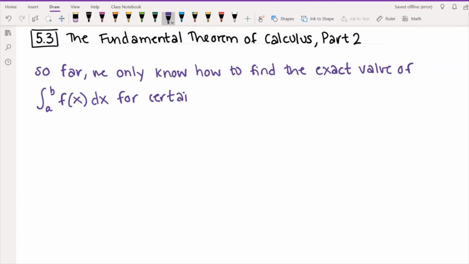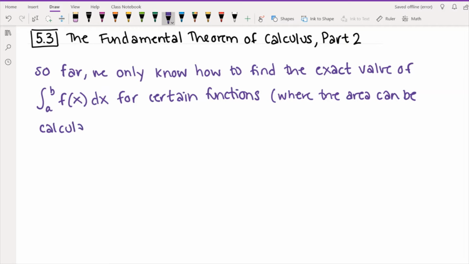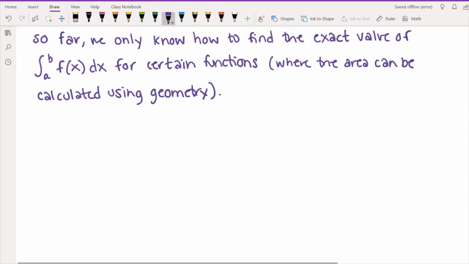The types of functions where we can find the exact value are functions where, when you sketch the region, it ends up being like a semicircle or a triangle plus a rectangle or something like that. So for certain functions, I'll just add that note, functions where the area can be calculated using geometry. So that's that. There are certain types of functions where we know how to find the exact area.